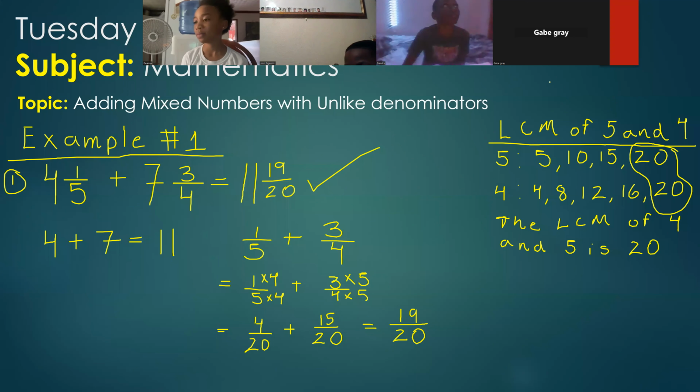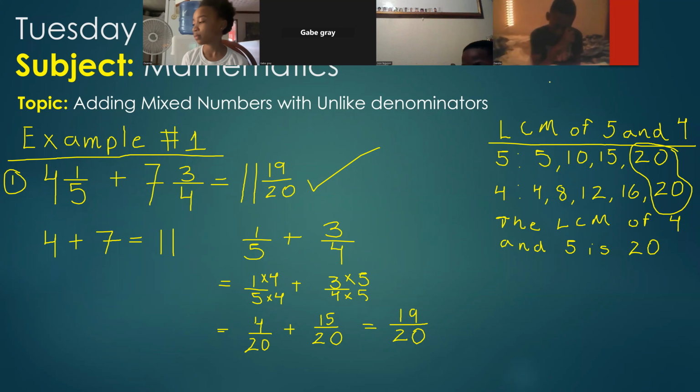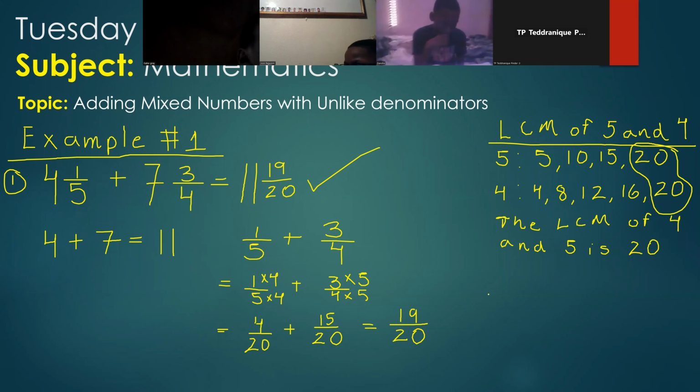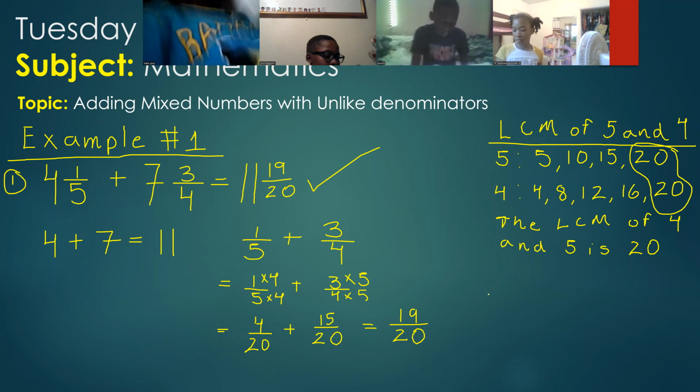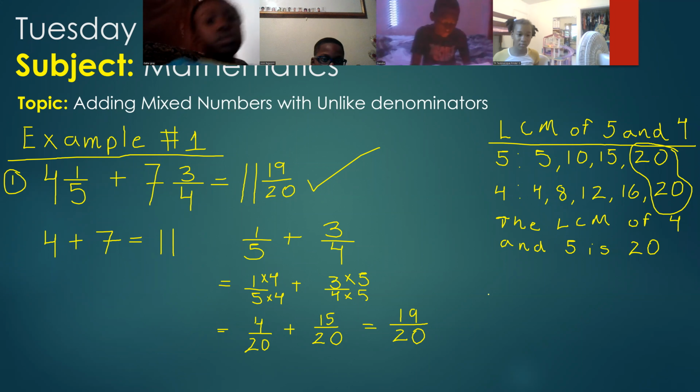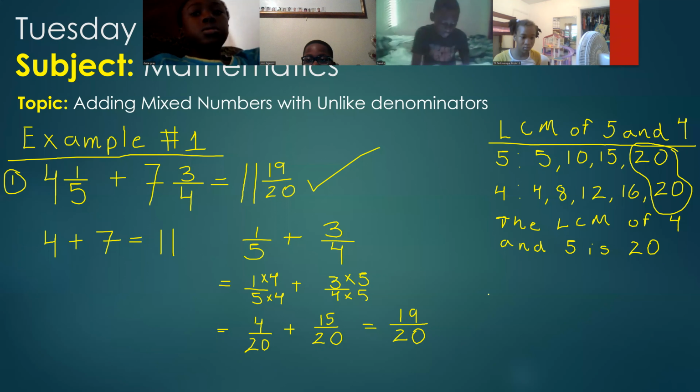Yes, sir. I'm here. Okay, did you understand how we got 11 and 19 over 20? Excuse me, I just came on and I couldn't see anything. Okay, can you see the screen now?